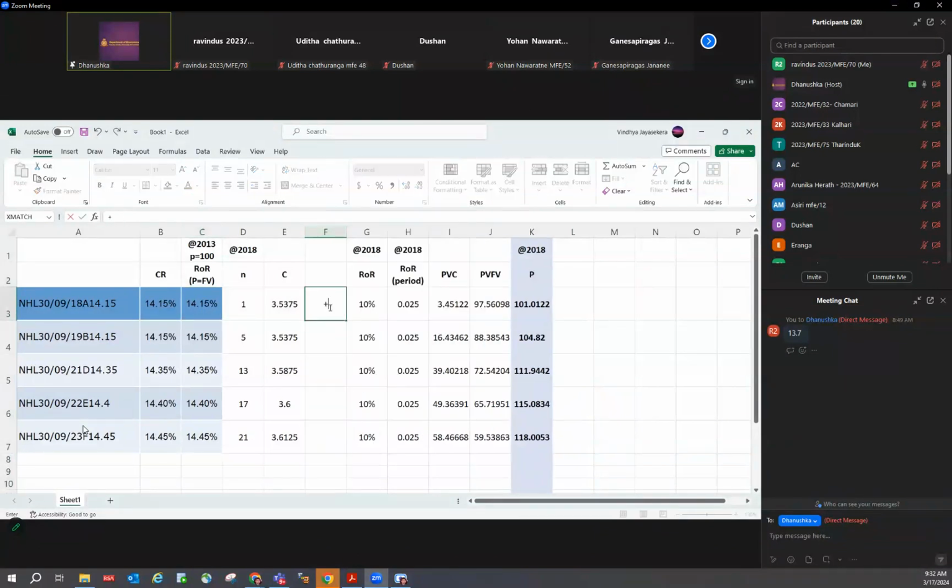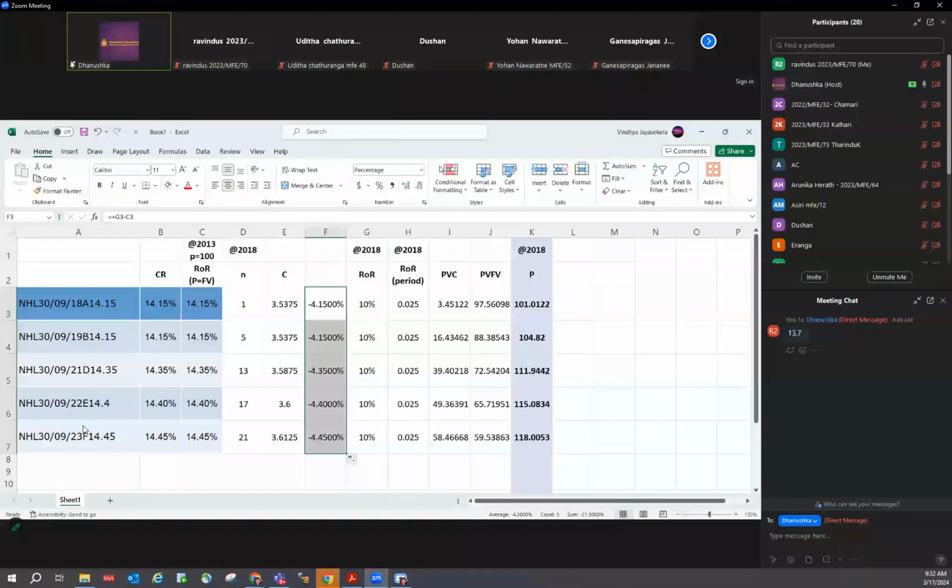So if I look at the differential, it has come down by 14.15% to 14.45%. That's the differential that it has come down by.